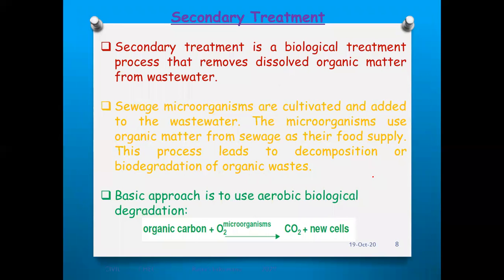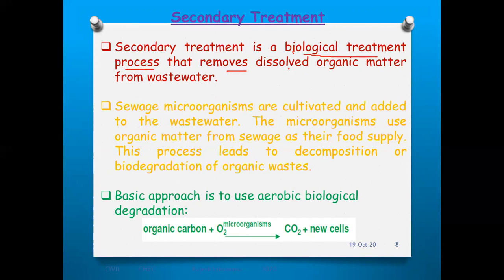Then what is the meaning of secondary treatment? Why do we have to go for secondary treatment though the primary treatment process is completed? The secondary treatment process is a biological treatment process that removes dissolved organic matter from the wastewater. Keep this in mind. Simply, if you want to understand, secondary treatment is a biological treatment process that removes what?